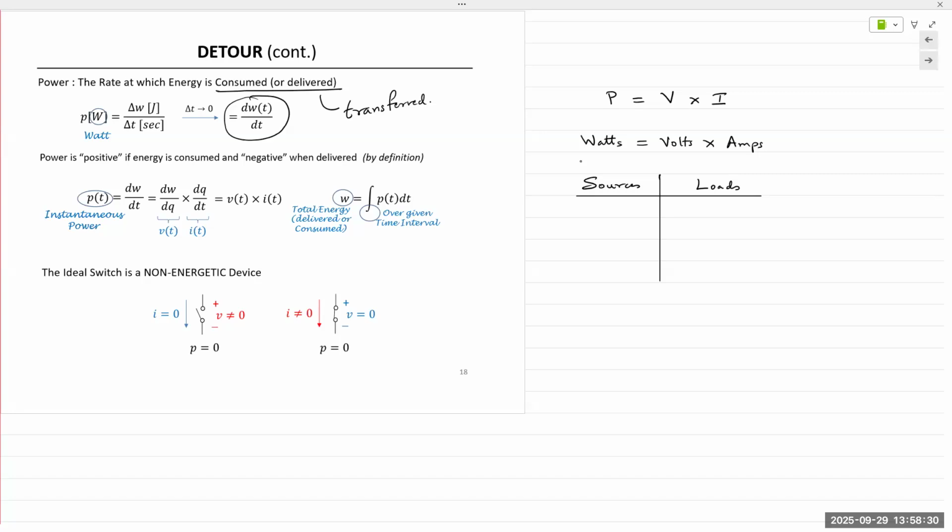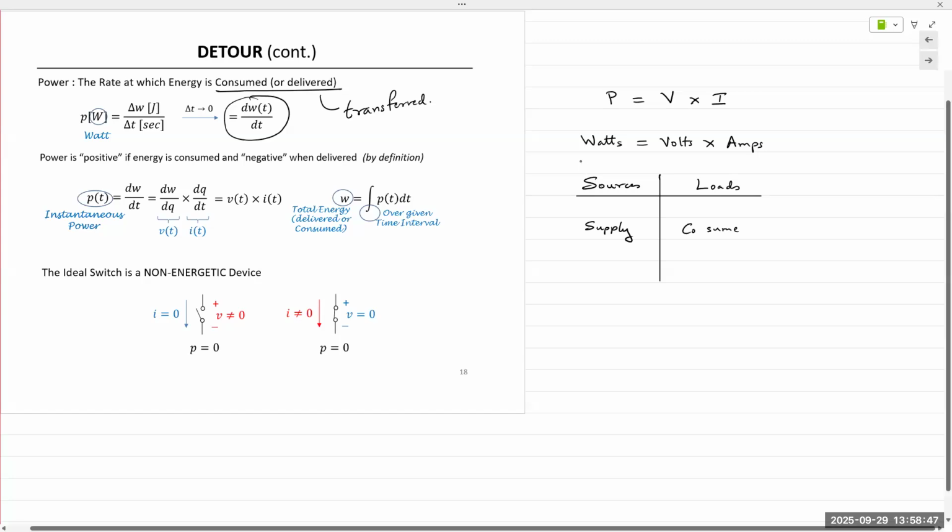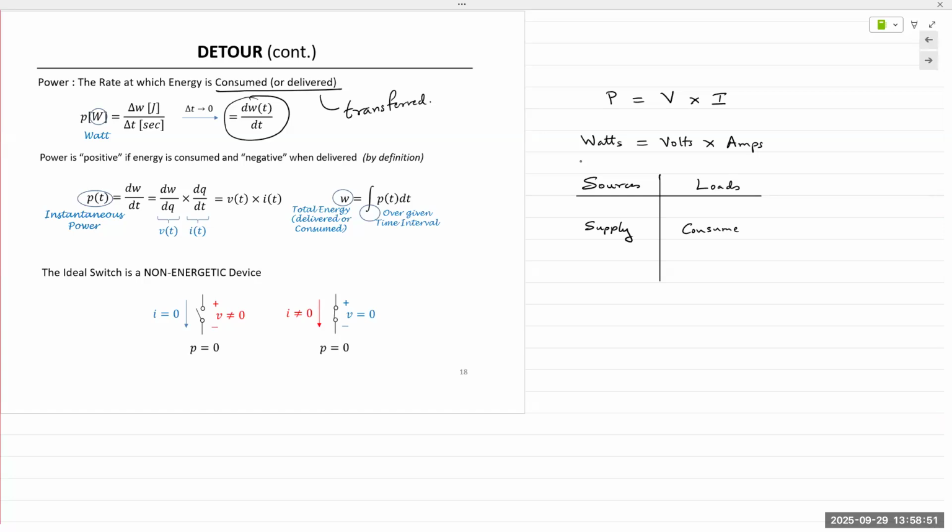And so a source will supply power and energy, and a load will receive or consume power and energy.